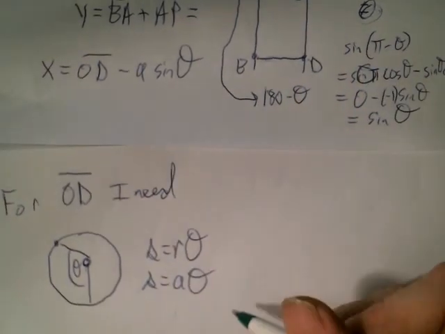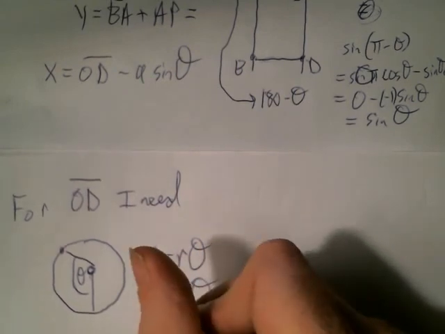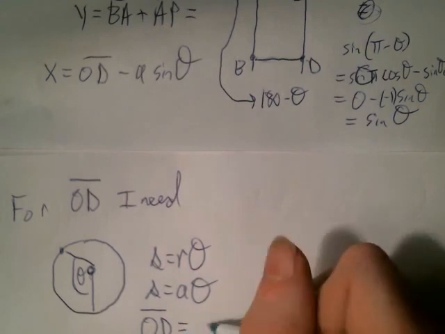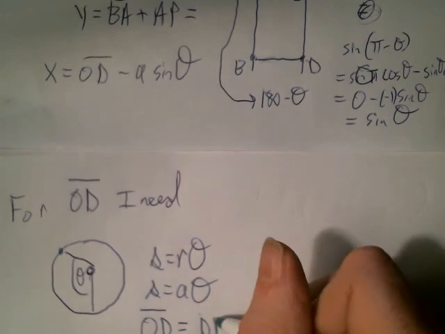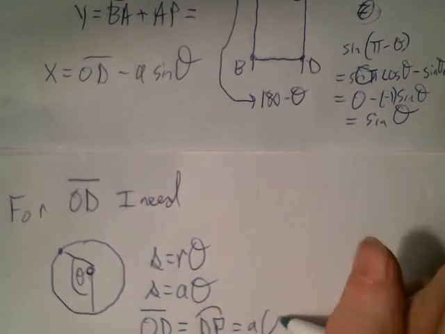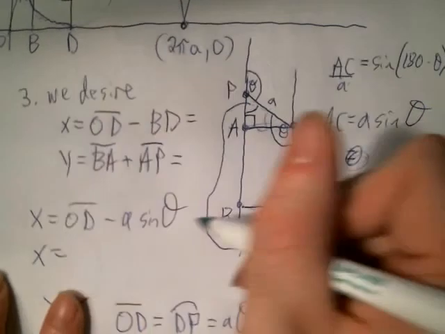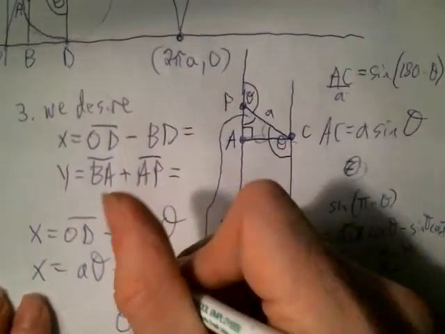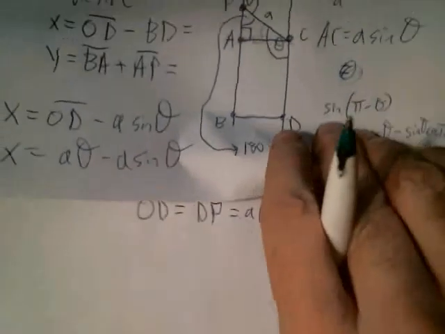So the line segment OD is equal to the arc length from D to P, which is equal to A theta. Okay? So we basically then have the formula for X. The formula for X is just A theta minus A sine theta. Okay. All right.